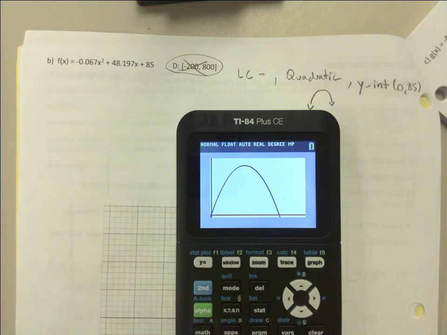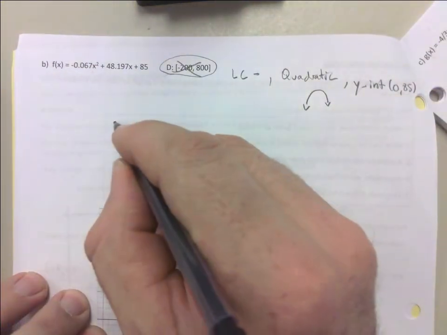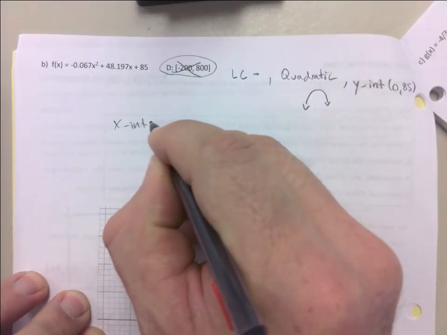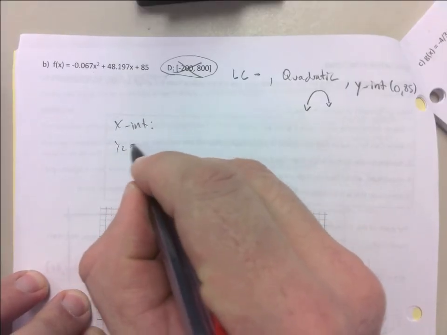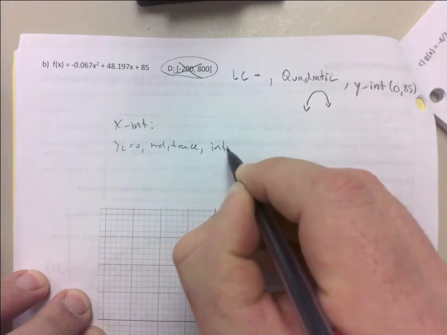Okay. How many x-intercepts do I have? 2. Let's find both of them. So for the x-intercept, I'm going to set y2 equal to 0, then second trace, intersect.